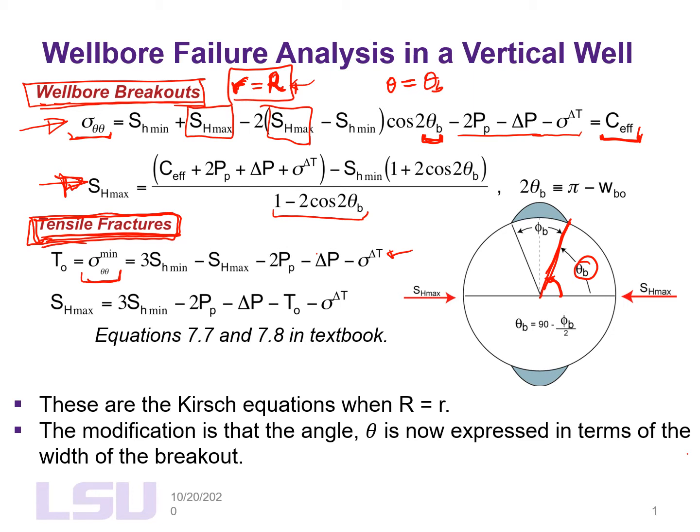And now we can talk more about theta b in terms of radians. So angles in radians, this is the expression to get theta b. In terms of angles in degrees, this is the expression for theta breakouts. And all it is that, let's do the one in degrees first. You already know this is 90 degrees line, right? This is the breakout width in degrees.